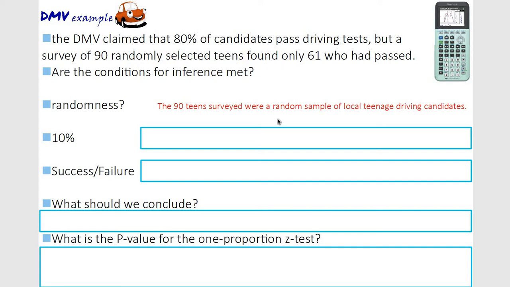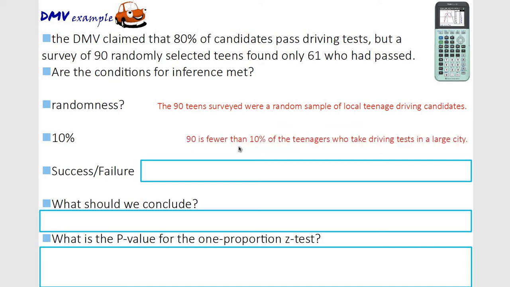For the 10% condition, 90 is fewer than 10% of teenagers who take a test in a large city. I think part of the question was cut out.